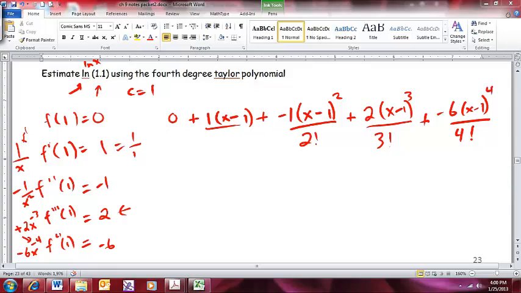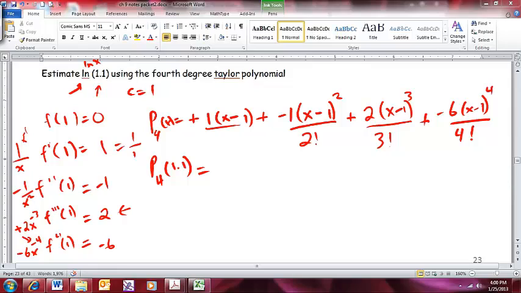Alright, so from here we want to estimate natural log of 1.1. So this would be our p sub 4 of x equals this. So this is our 4th degree Taylor polynomial. So to estimate it, we're going to take p sub 4 of 1.1. And we plug that in there.